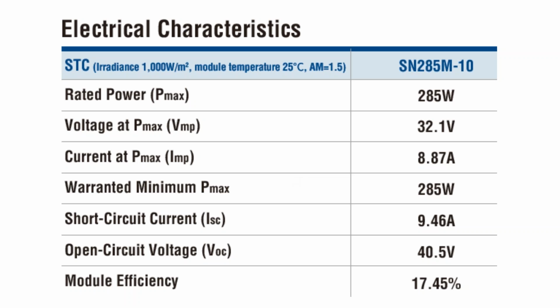Some other things to talk about on this slide. One is module efficiency. The module efficiency is really an indication of how dense the solar array is. It's not talking about necessarily build quality. So you could have an efficient module made by a lower-end manufacturer and an inefficient module made by a higher-end manufacturer.